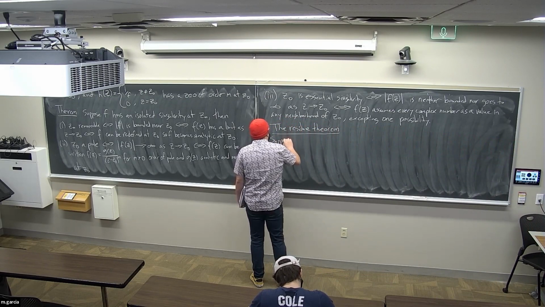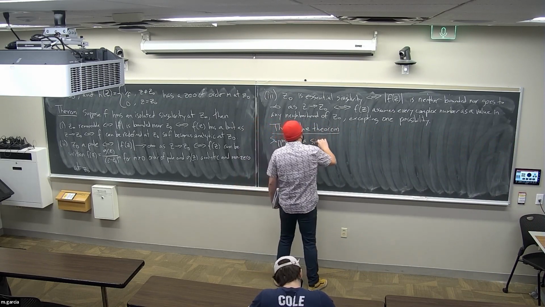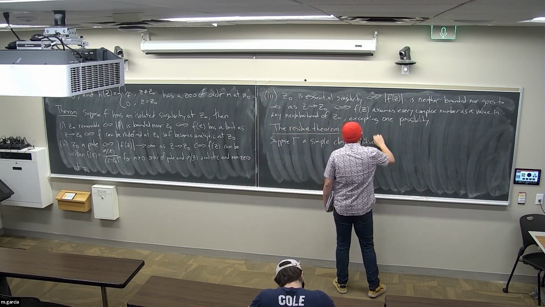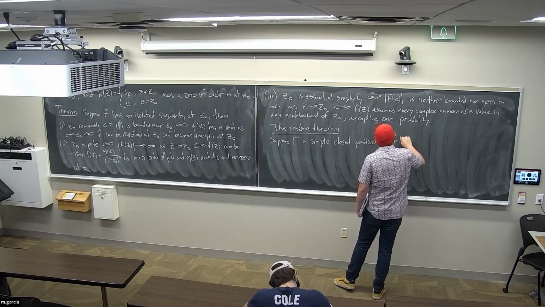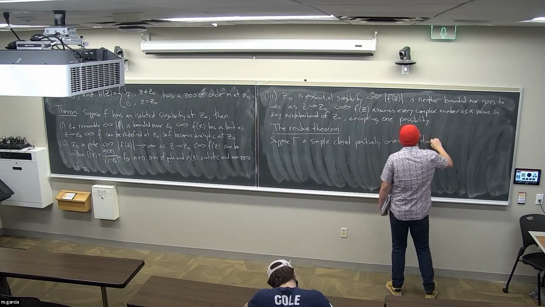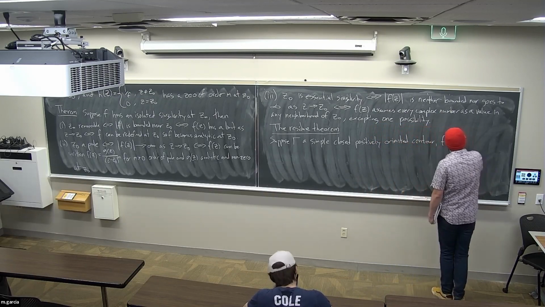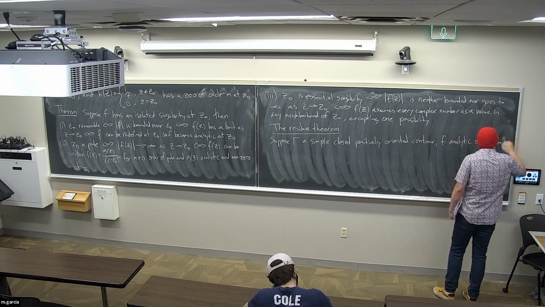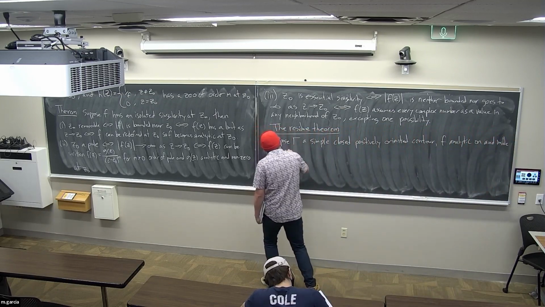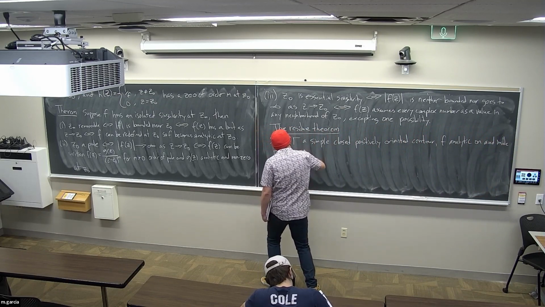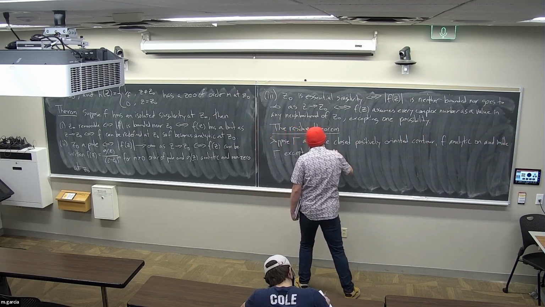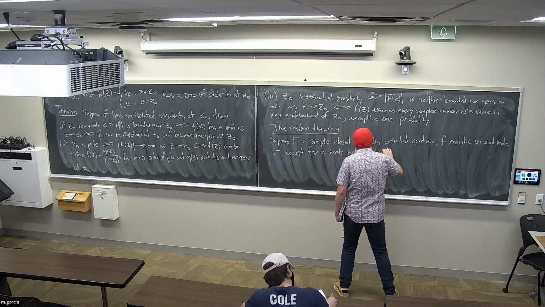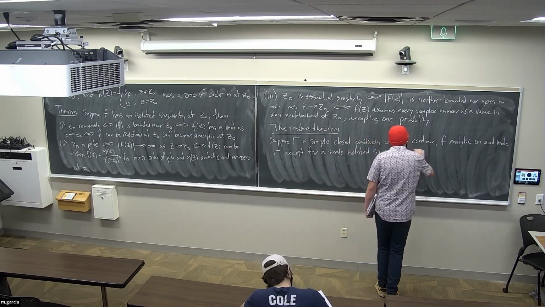Let's suppose gamma a simple closed positively oriented contour, and we'll also assume f analytic on and inside gamma, except for a single isolated singularity at z naught.